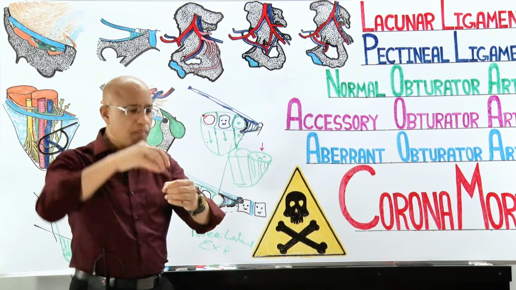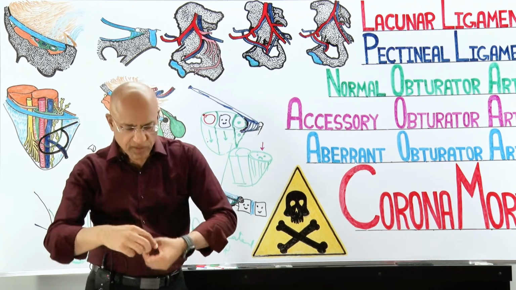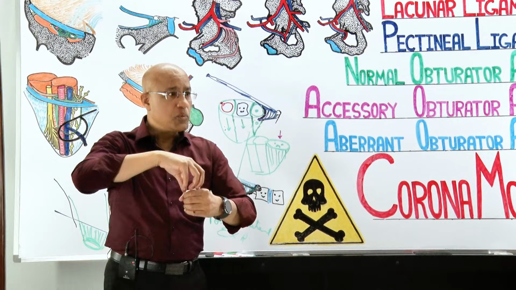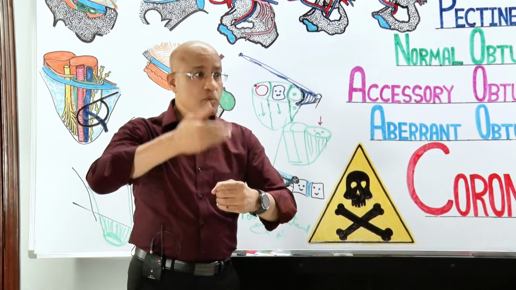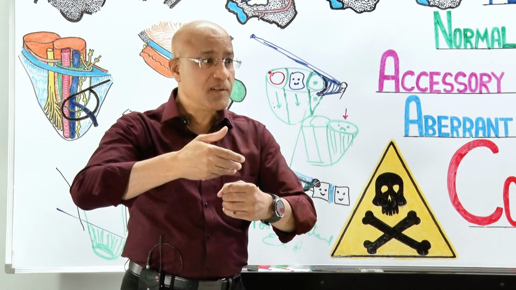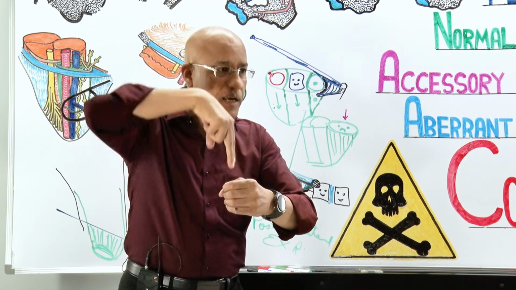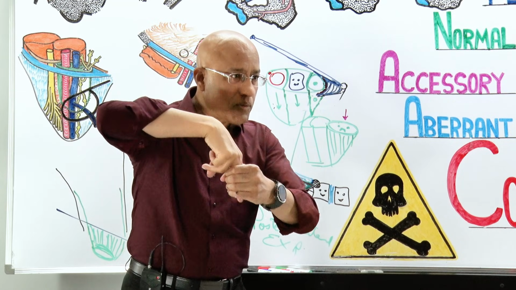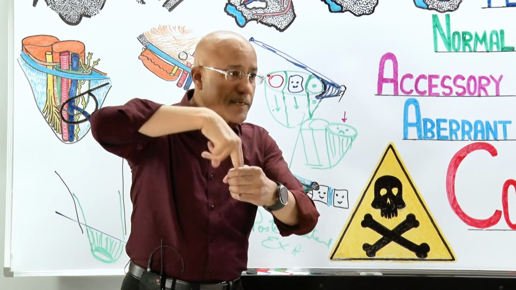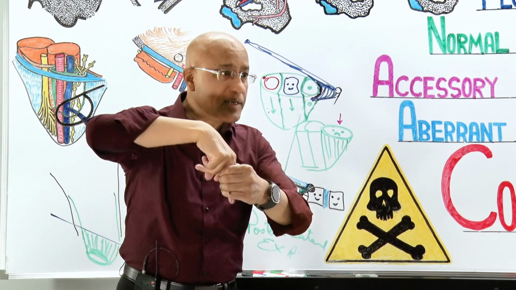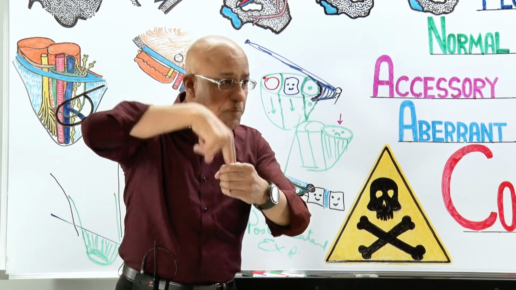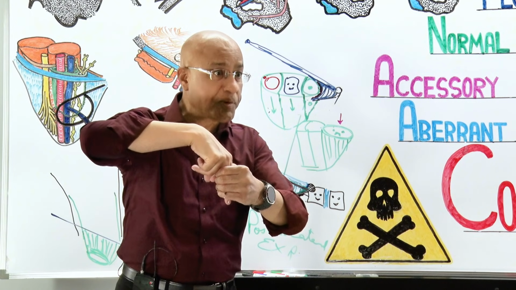Now, this point, this opening is the opening into the abdominal cavity. And from there, if something enters here and goes down, what is happening here? Herniation. Which herniation? Femoral herniation, because it is herniation through the femoral canal.